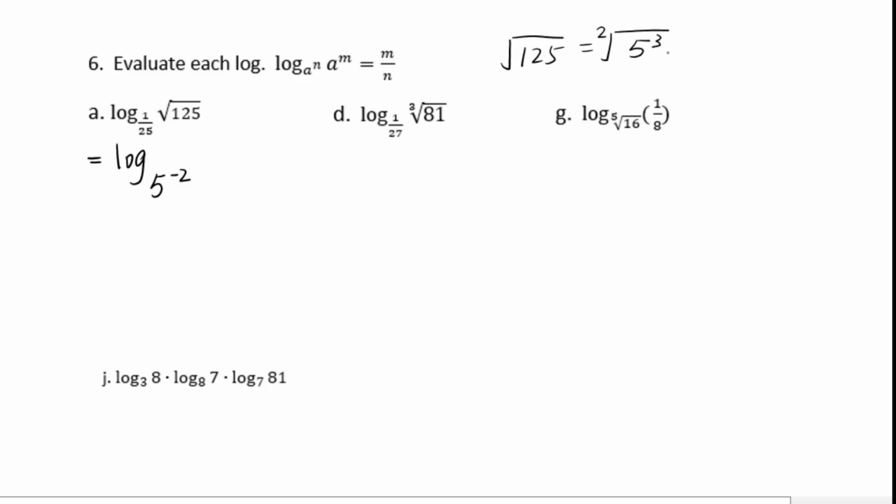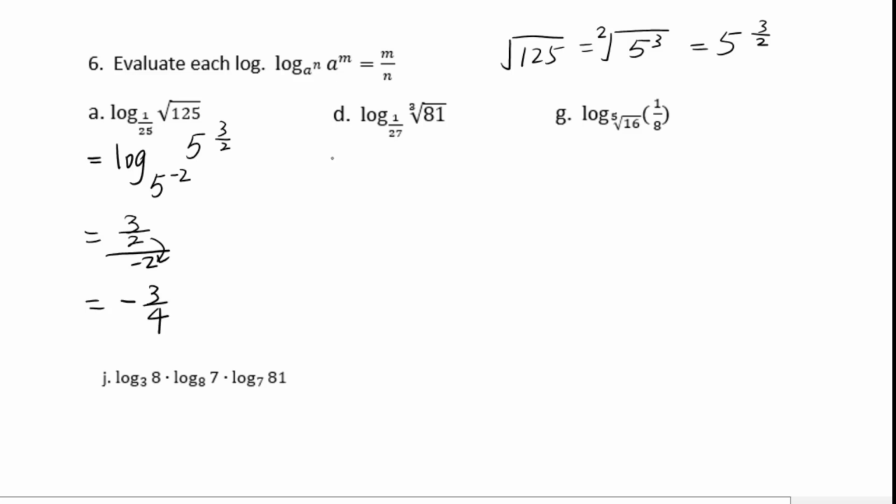Square root means 5 to the 3 over 2 power. So we write down 5 to the 3 over 2 power. That equals 3 over 2 over negative 2. Denominator drop down. The answer will be negative 3 over 4.